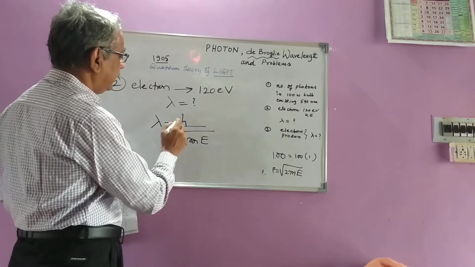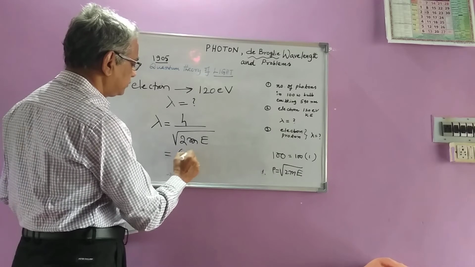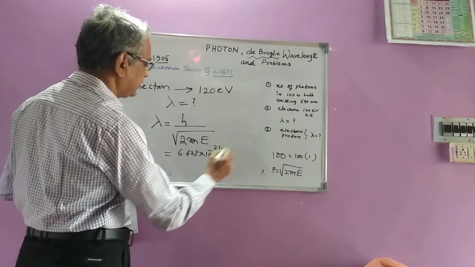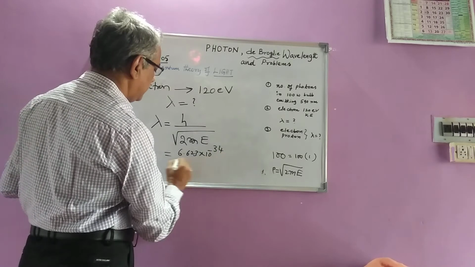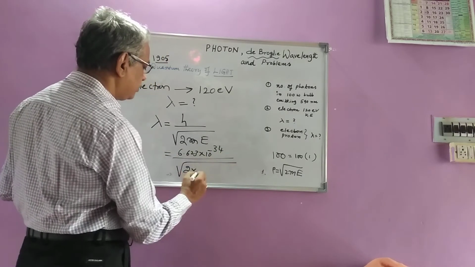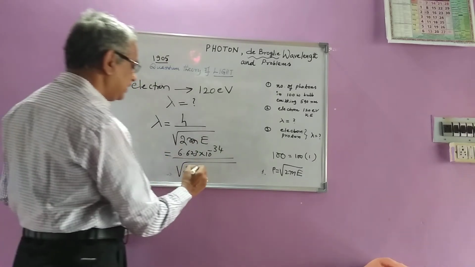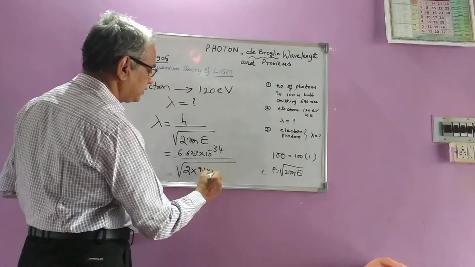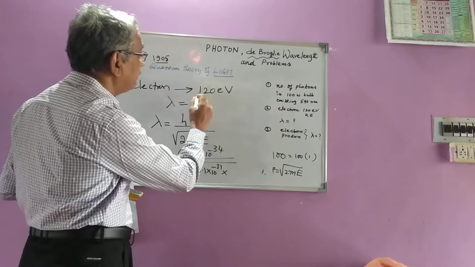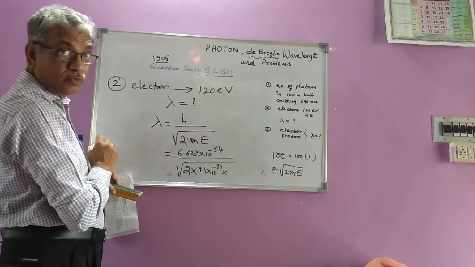Now, h value you write 6.623 10 to the power of minus 34 joule second divided by root of 2 into, here you put the mass of the electron. Mass of the electron is 9.1 10 to the power of minus 31 kg, and E value is 120 electron volts, he has given.